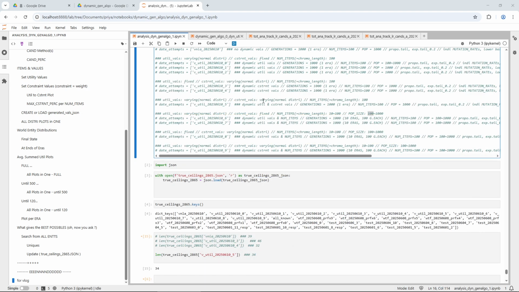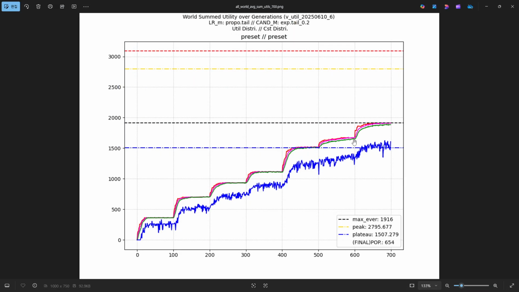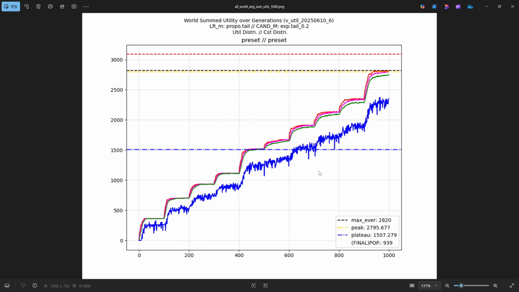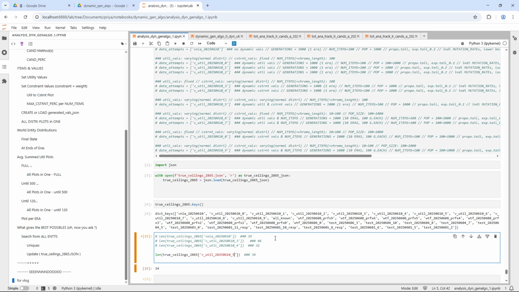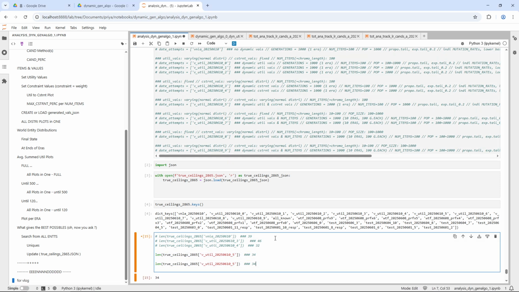Yeah, that's because the utility values are set to vary. But we still have the steps, which is normal, and the maximum ever was 2820. But did I get any true ceilings from this? Let's find out. No, I did not.